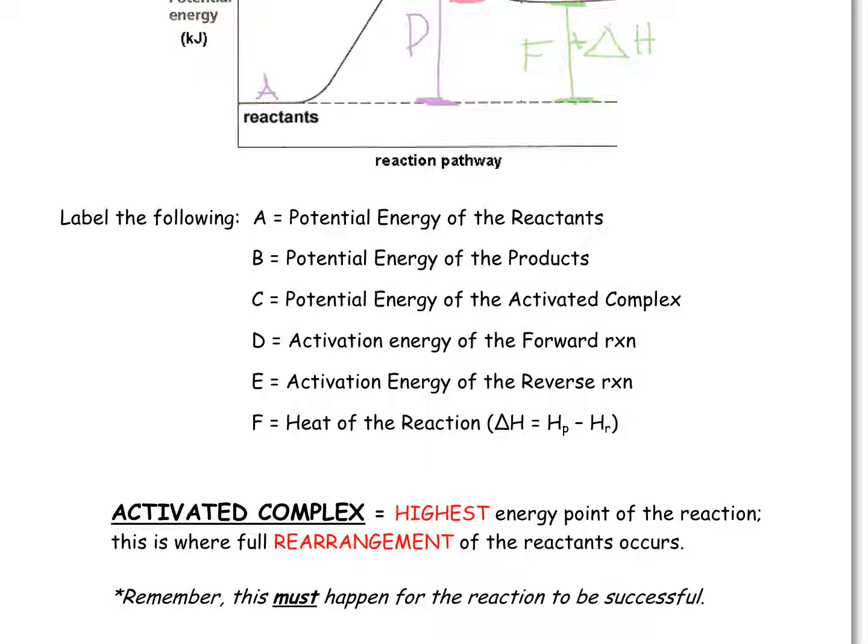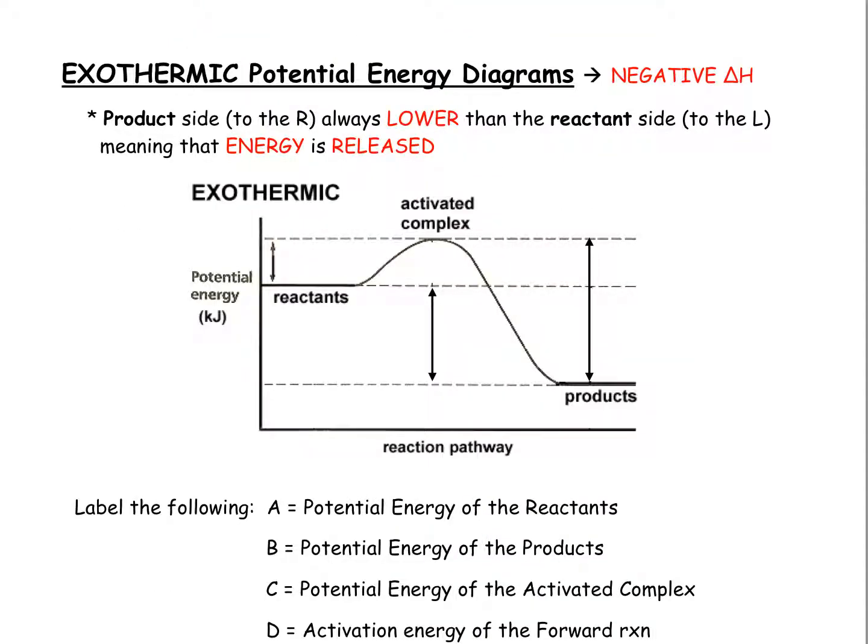Now for an exothermic potential energy diagram. For exothermic, now we have a negative delta H. So our product side to the reactant side will always be lower. Our products must end up being lower than our reactant side because we have a negative change in energy.